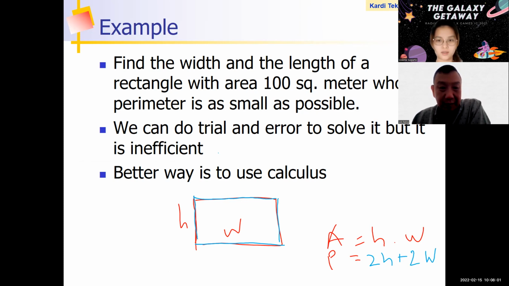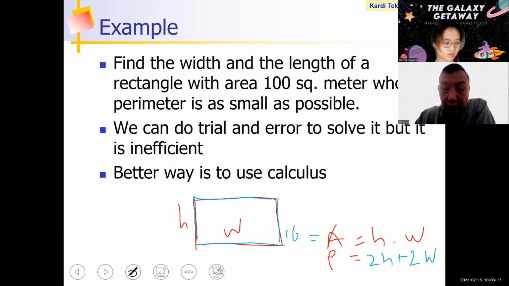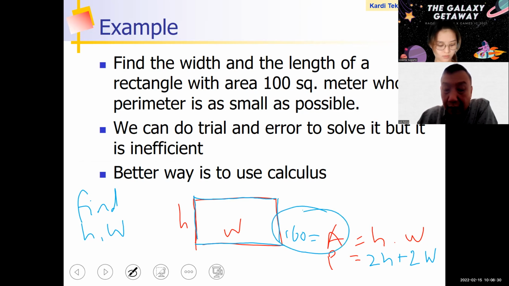Okay, so then can you find the H and W? If we know the area is 100, so this one is 100, I want to find H and W so that the area is 100 but the perimeter is minimum.